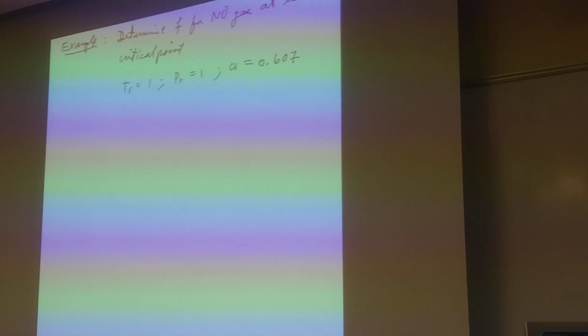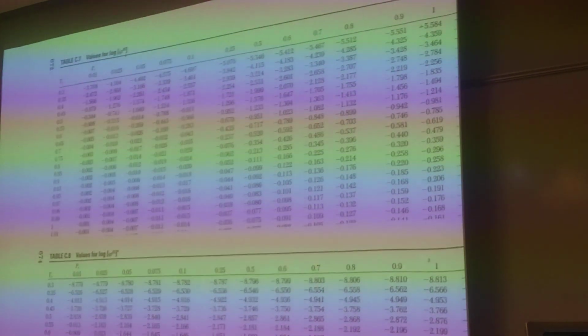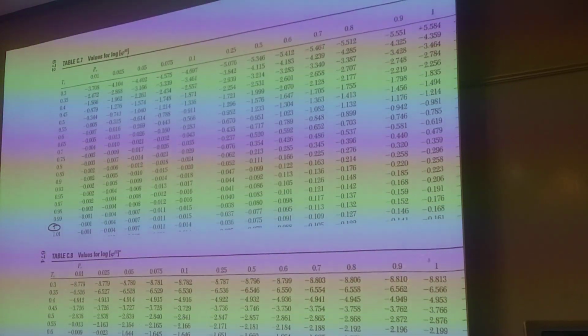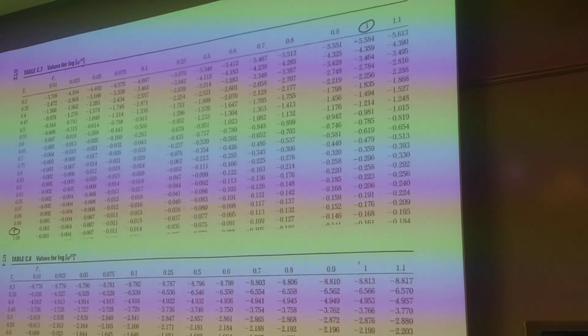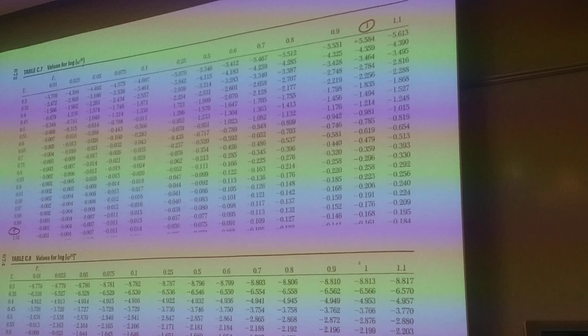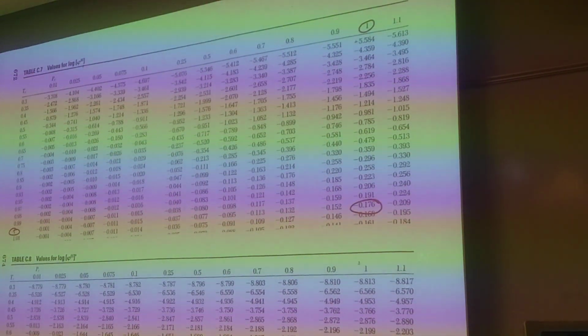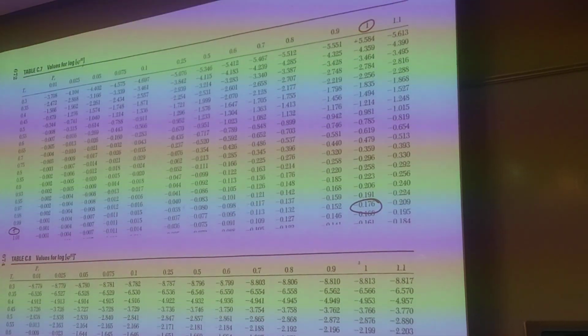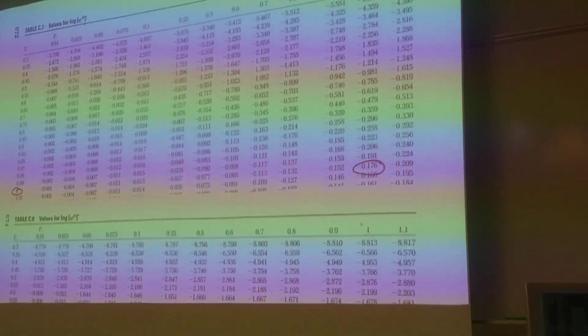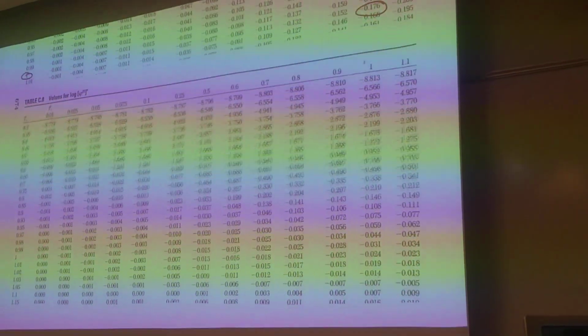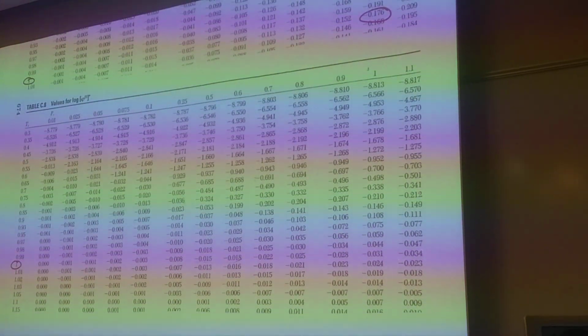So if I go back to my table and pick off the values here, I'm going to be interested in 1 and 1 over here. So if I go over, looks like I've got minus 0.176 here for my log of phi0. And if I do the same here for phi1, I get 1 and 1.